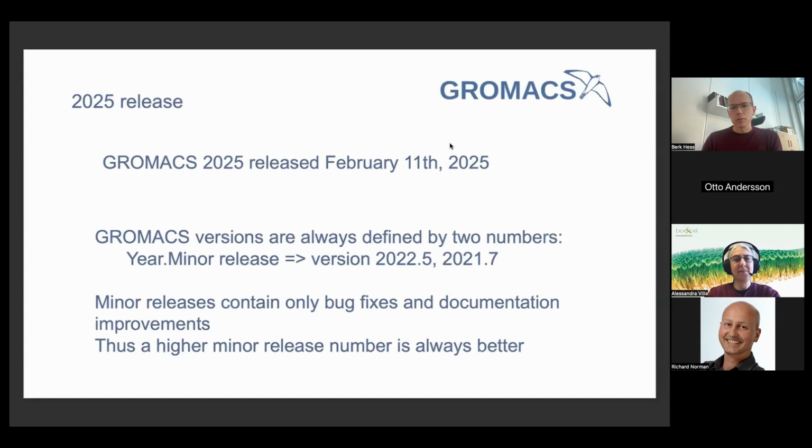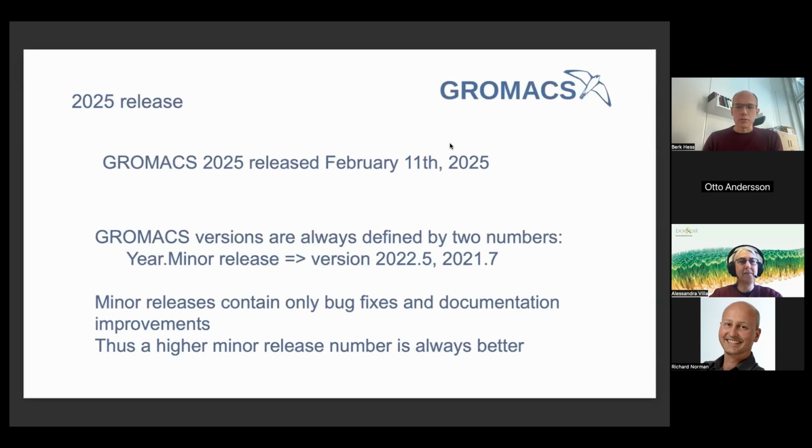So that's a major release, and GROMACS versions are always defined by 2 numbers: year and then minor release, where the minor release in this case is .0, which should have been on this slide. For instance, there's an example here of version 2022.5 and 2021.7.